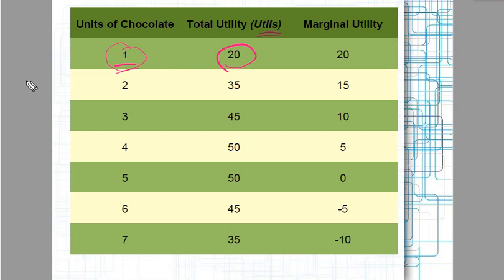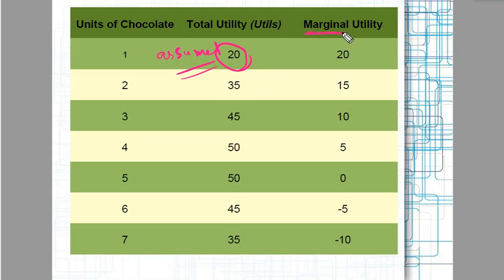Economics is all about analysis of the models that we make, so that we can understand something about human economic behavior. So by consuming 1 unit of chocolate, it is assumed, I'll highlight this again and again, that you get 20 utils.